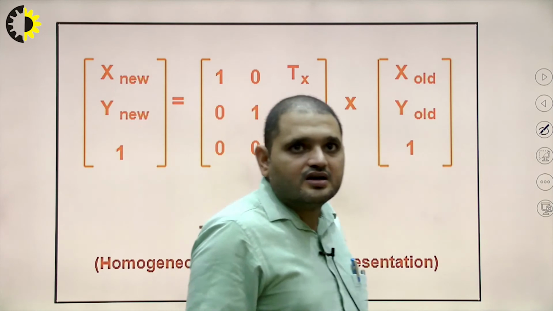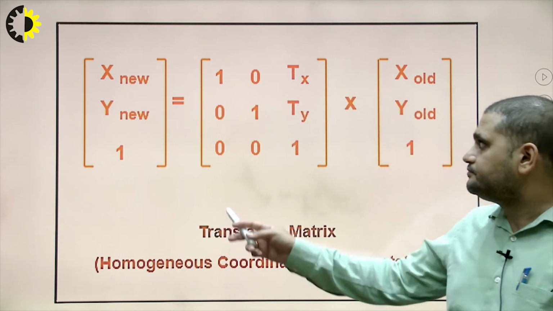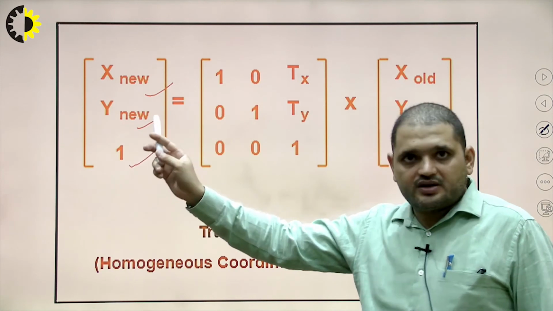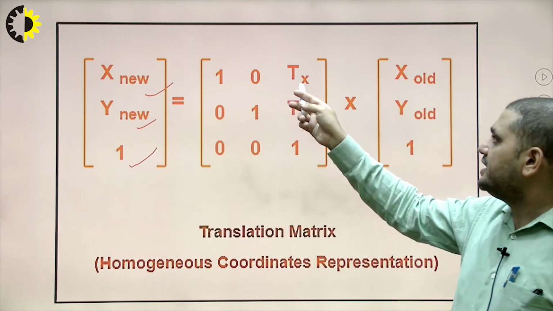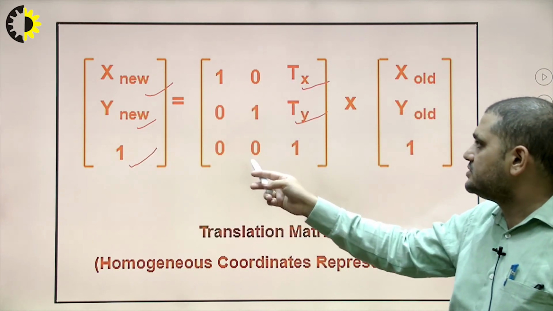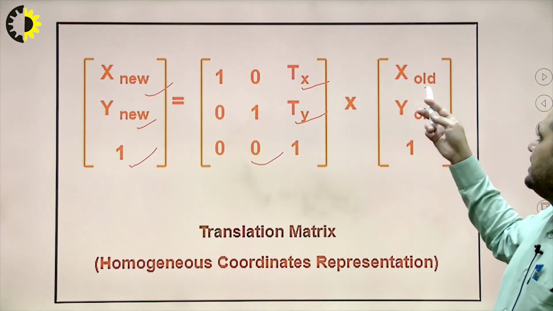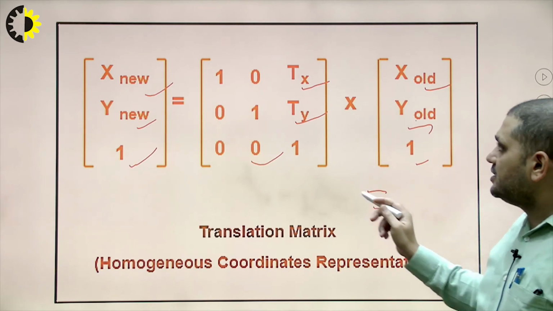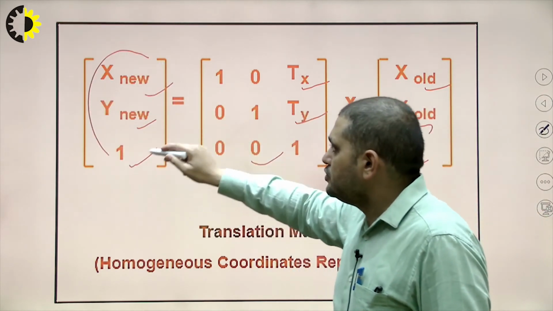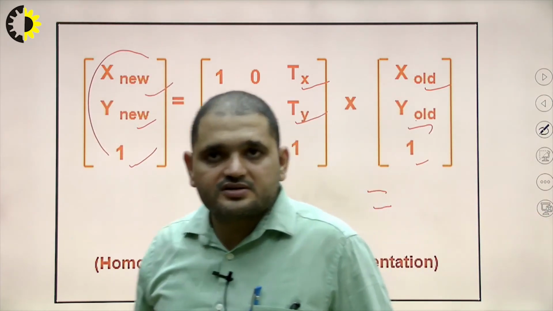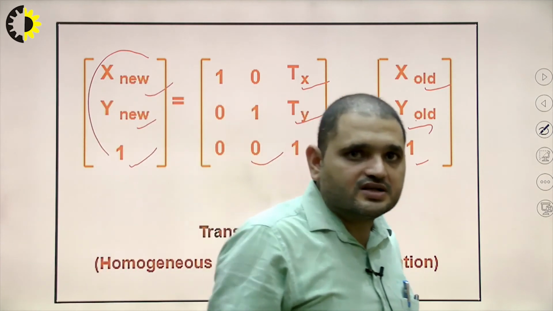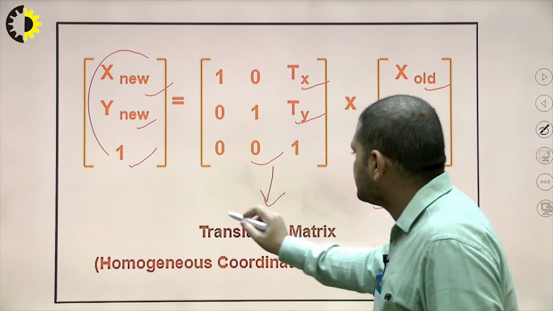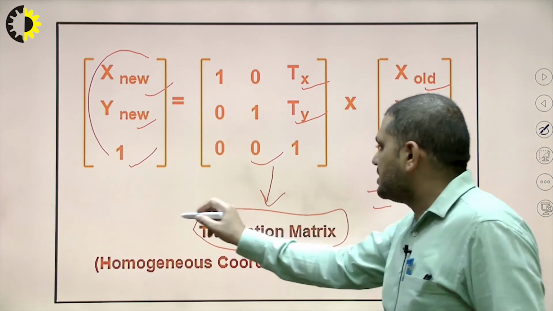We can write this as x new, y new, 1 equals the matrix 1 0 tx, 0 1 ty, 0 0 1, multiplied by x old, y old and 1, and this results in the coordinates of the new point. This matrix we call the translation matrix.